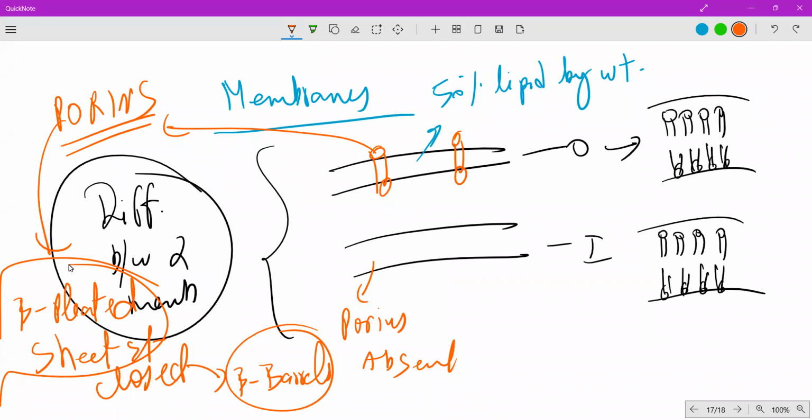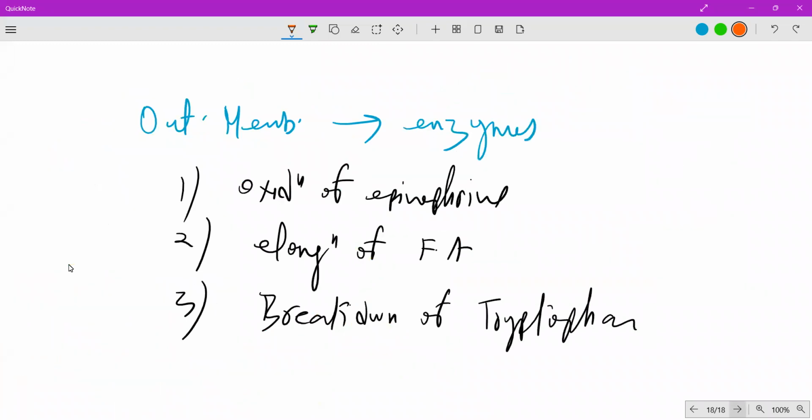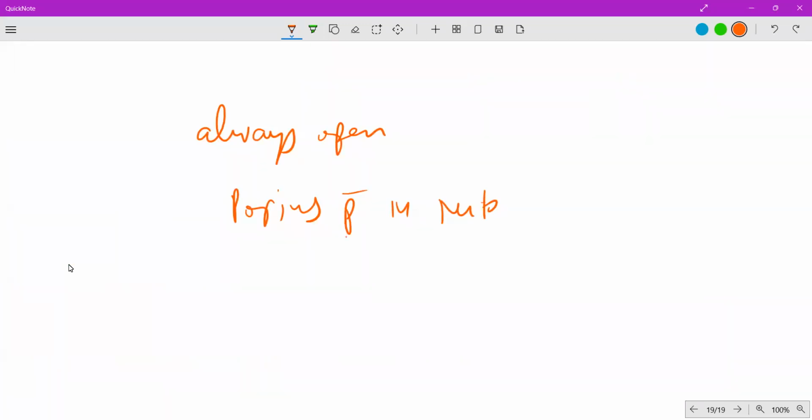Is this clear? And for many years, what we used to think, these porins were found to be always open. These porins are found in bacteria also. Porins are found in our plasma membrane also. But the porins in the plasma membrane, we know they're always open. But porins which are present in mitochondria, we know they can open and close.